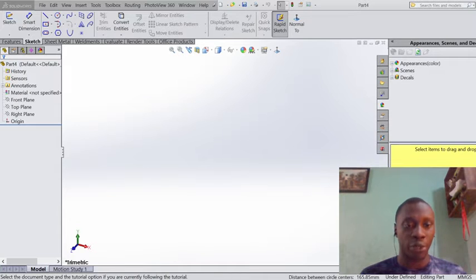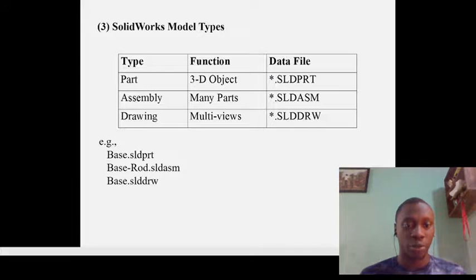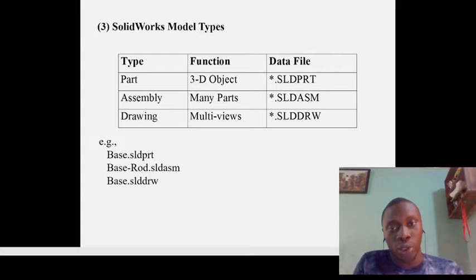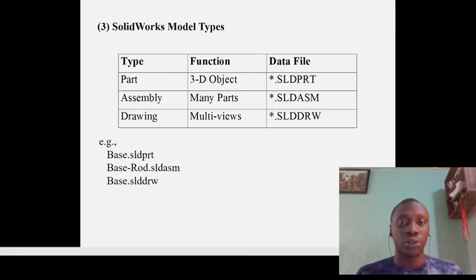Going back to my slide, we can see here that we have parts, a 3D object, and the data file extension is .sldprt, just like a setup file for Windows is .exe, an executable file.